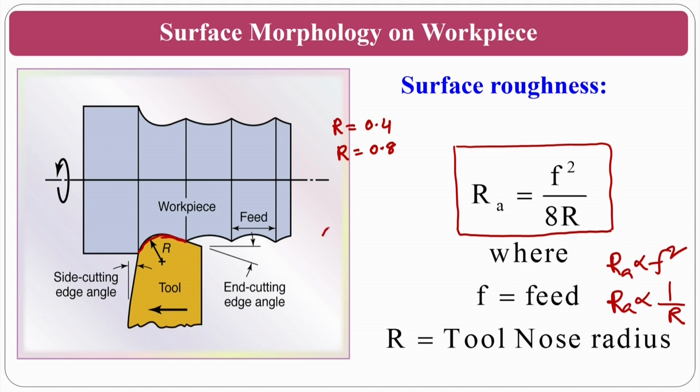So if my nose radius is low, it will come like this. If my nose radius increases, and I remove these things, I will get a better surface roughness. That means my surface roughness Ra value is going to decrease with respect to nose radius.